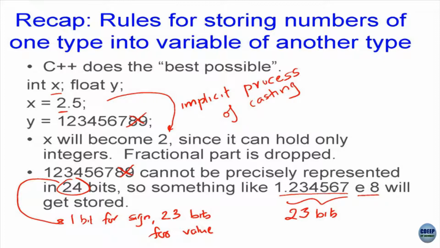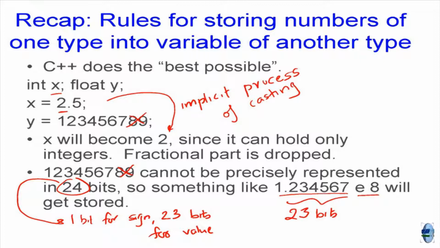It's significantly large. You might recall in the last class we talked about significance, right? If you try and store this value within 7 bits, you will not be able to.